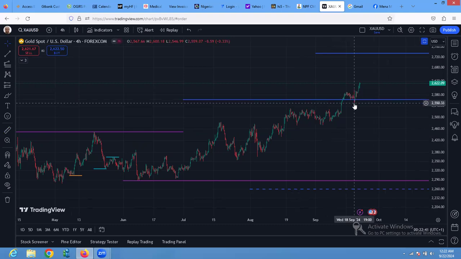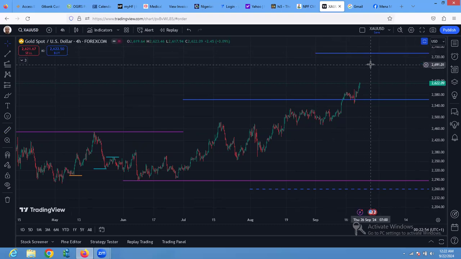The correction is what tells us that it's going to continue to go up. Even if price corrects below it and breaks it with a strong momentum, then it's going to go up again.